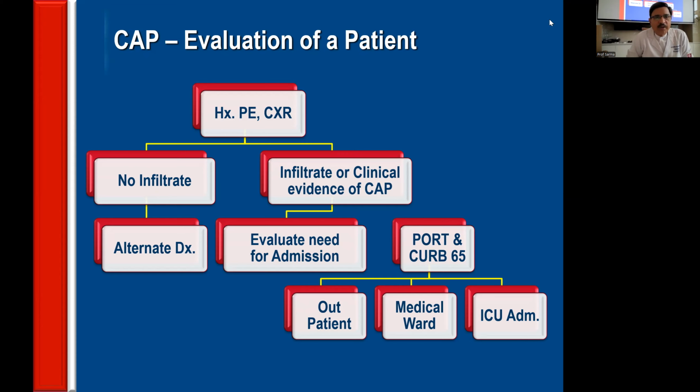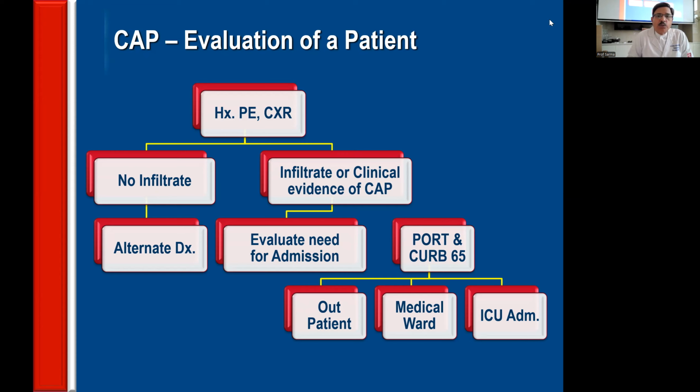So, no infiltrate, consider an alternate diagnosis. You have history and physical examination suggestive of pneumonia, you take an X-ray, no infiltrate, consider it is heart failure or some other alternate diagnosis for the breathlessness and cough. If there is an infiltrate with clinical evidence of CAP, evaluate whether he needs admission or outpatient treatment.